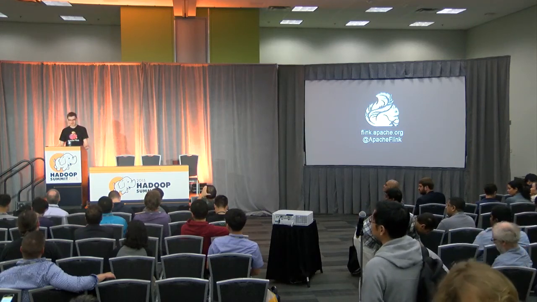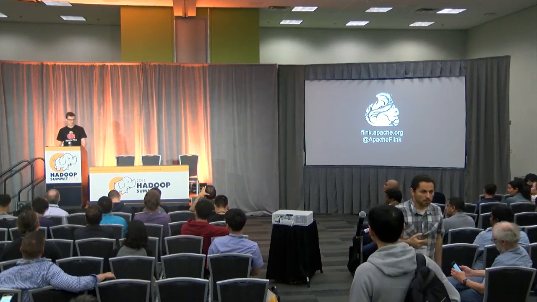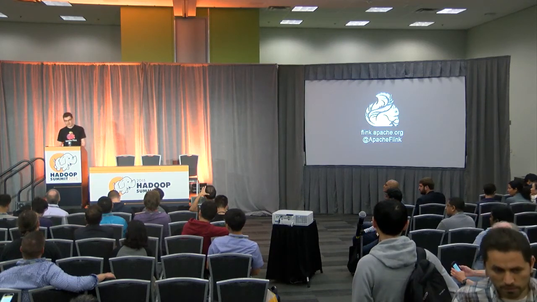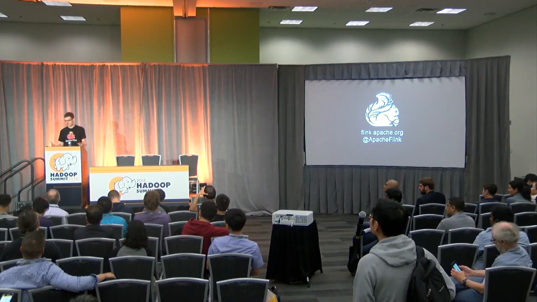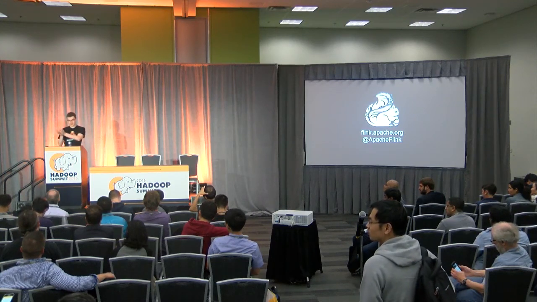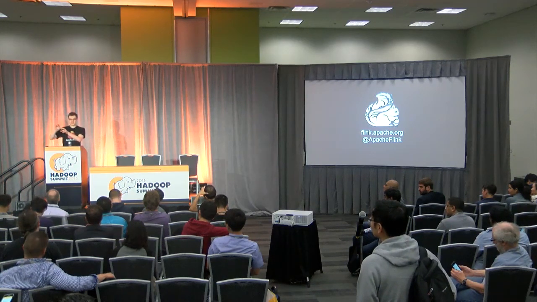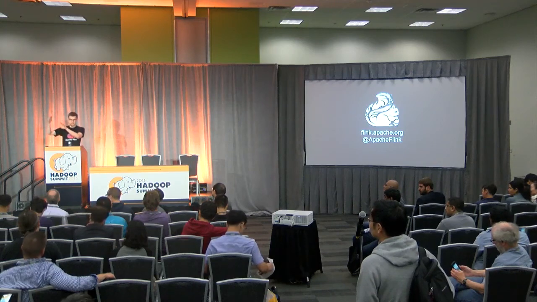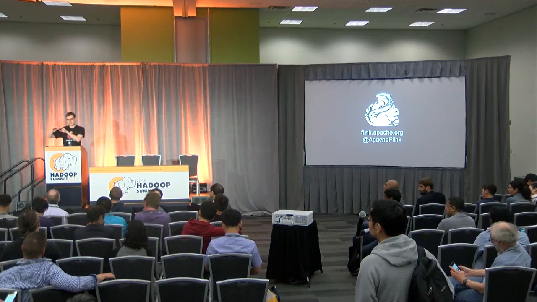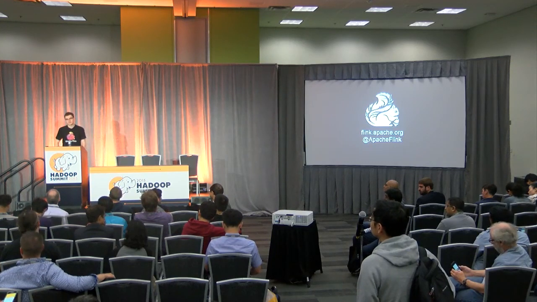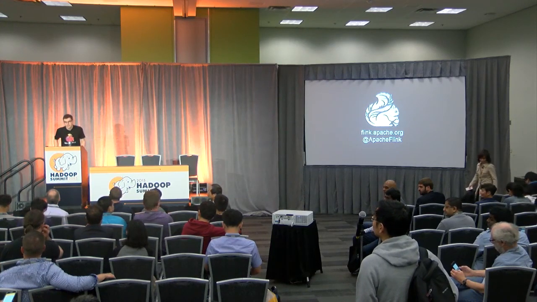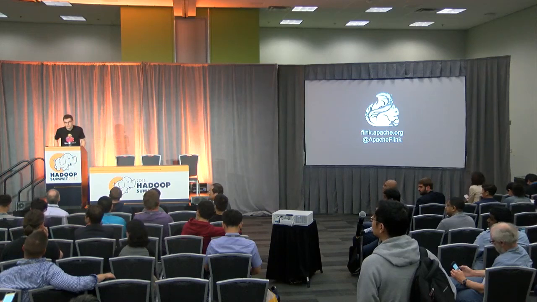It relies on the Java API, and it brings up a Python process and streams the data from the Java process to Python. There you can do your processing, and then you stream back the data. Right now there's only support for the batch API. There's no support for streaming.